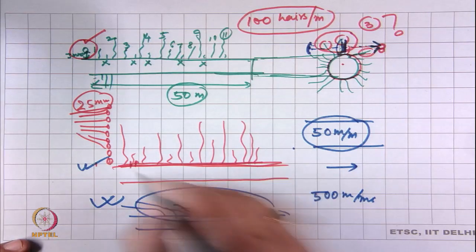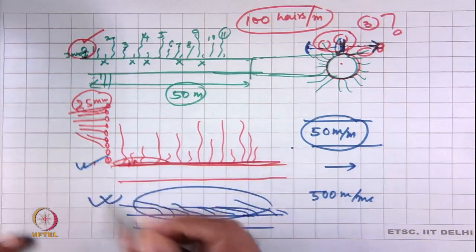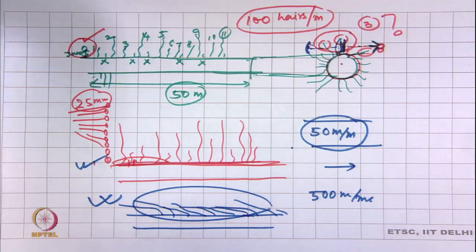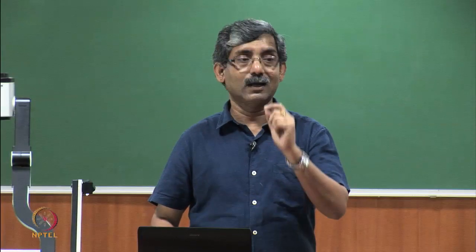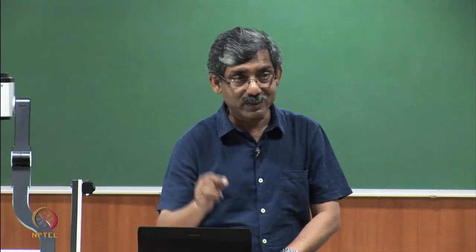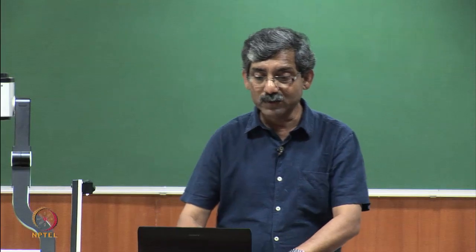So that edge detection is done by a separate photocell. This edge is important because ultimately it will be the reference point. Beyond this reference point, it will start counting or measuring the length of the hairs.